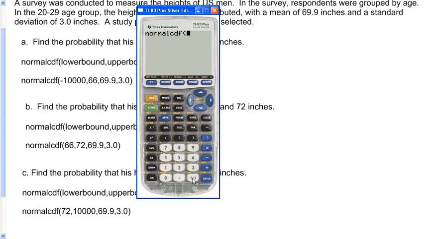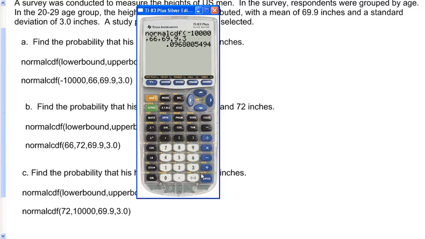Okay, and I'm going to put negative 10,000, comma, 66, which is my upper bound, so my lower bound, my upper bound, the mean, and the standard deviation. And the answer's already there for you. So that's the probability, which I could round off to 0.097 because usually they ask you for 3 numbers behind the decimal.